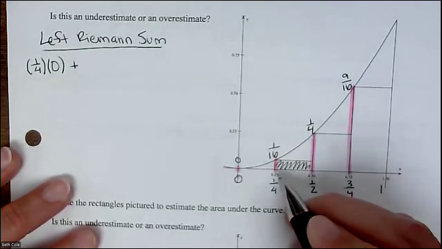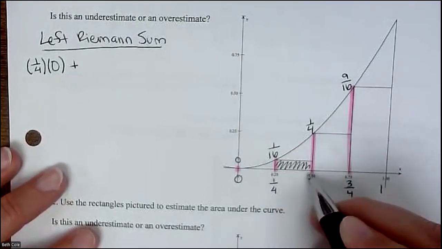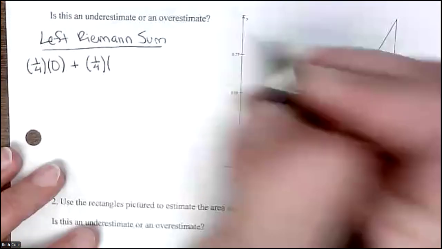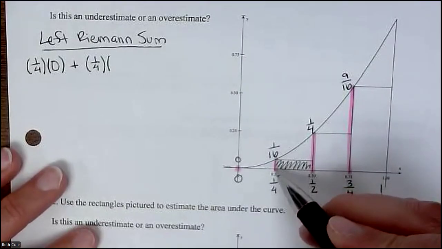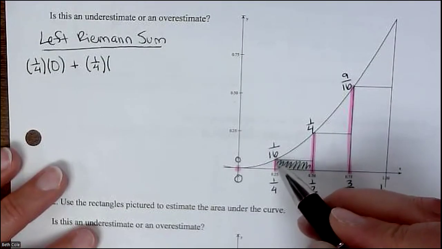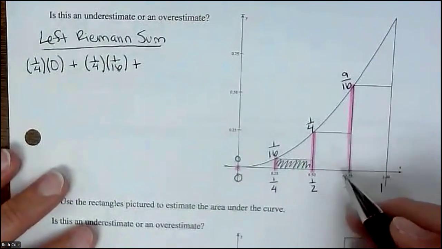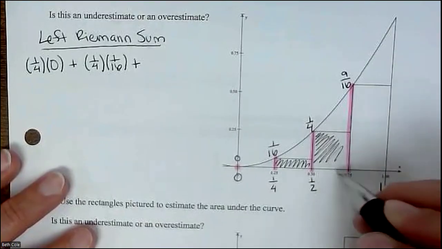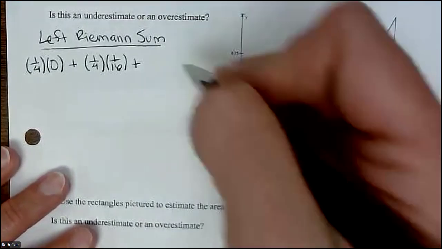What's the base? This length right here that I'm pointing at. 1/4. And what's the height of that rectangle? We highlighted it. 1/16. Good job. All right, next one. This rectangle right here, the one I'm coloring in. What is the base of it? 1/4.